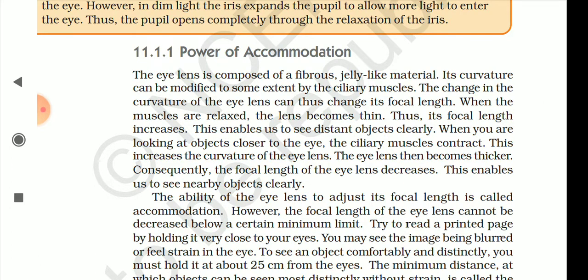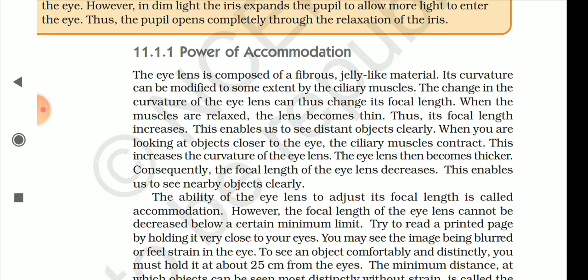Let us read about the power of accommodation. The eye lens is composed of a fibrous jelly-like material. Its curvature can be modified to some extent by the ciliary muscles.